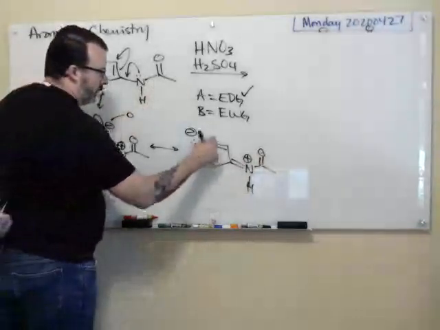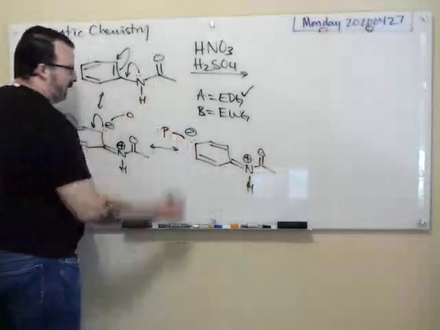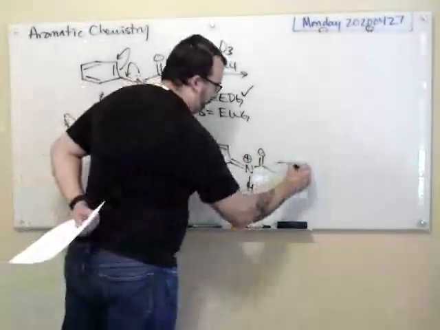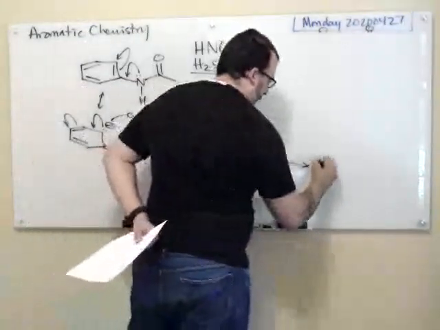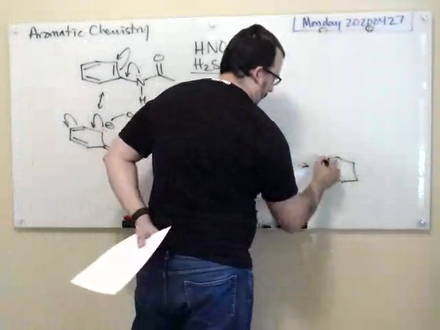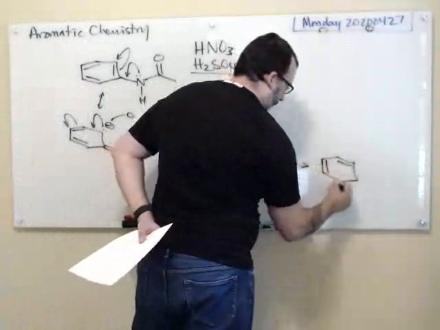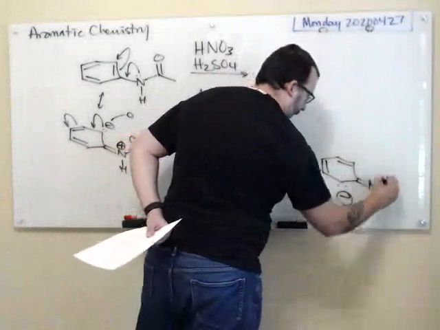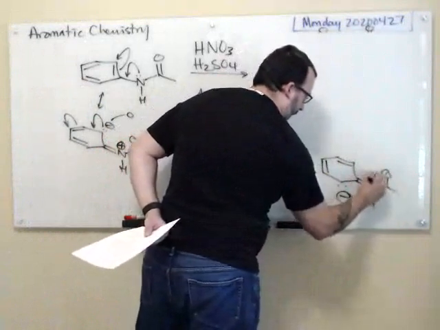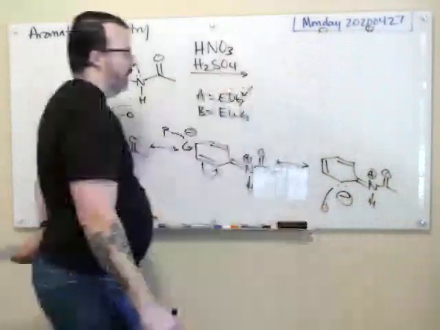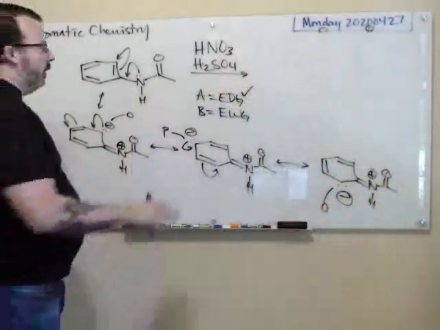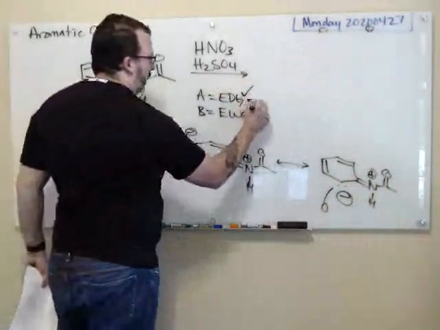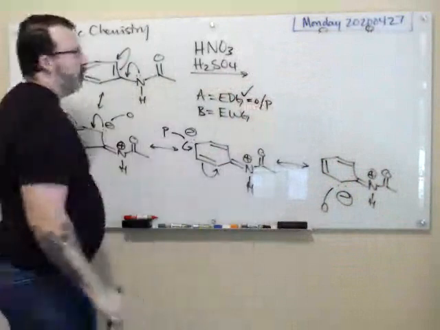Now here, 1, 2, 3, 4, this is para. We draw that last resonance form, and now it's ortho again. So these resonance forms explain why an electron donating group is an ortho-para director.